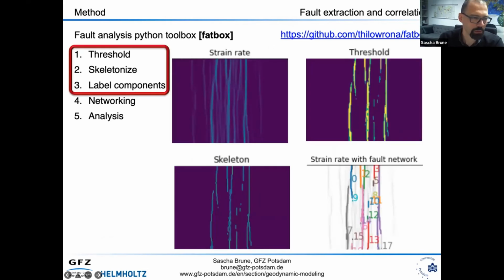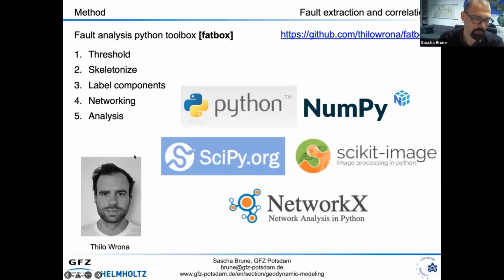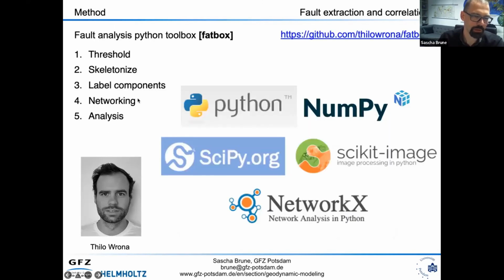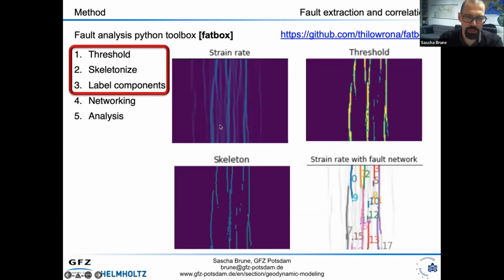What we are doing is we follow this recipe. We have 5 steps. First, we take our topography and our strain rate at the surface, just from a model like John's. We take the strain rate, we threshold it, because we are only interested in the center of the faults. So we skeletonize it, which is essentially projecting them onto one-dimensional lines. Then we group those lines in a way that we can call them a fault network.